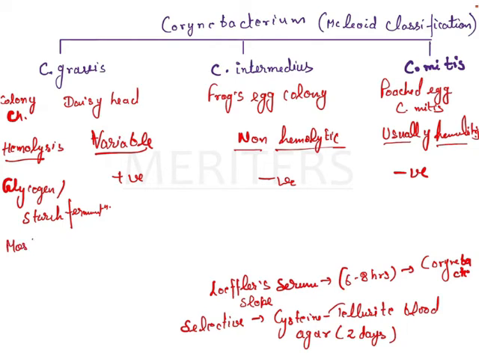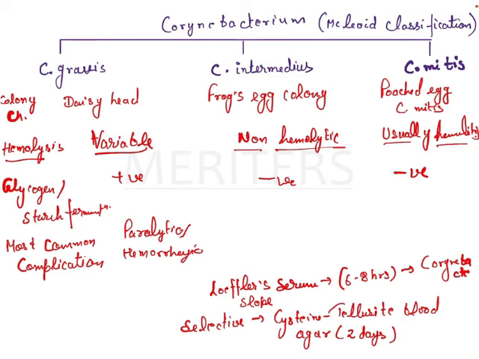Then we'll see the most common complication associated with infection by these bacteria. The most common complication is paralytic and hemorrhagic with C. gravis. With C. intermedius, hemorrhagic.